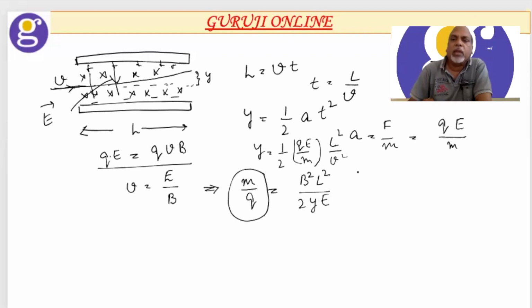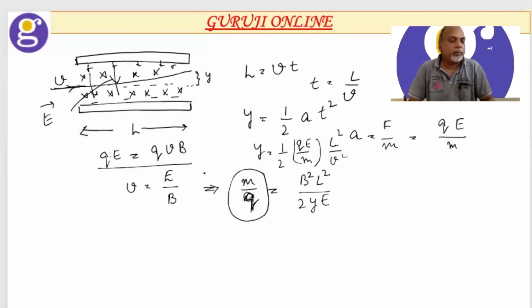So we can calculate M by Q. This is how J.J. Thomson calculated this value, and he could discover the electron. He found that these particles, means electron, are found in every matter, and that's why this electron is known as elementary particle.